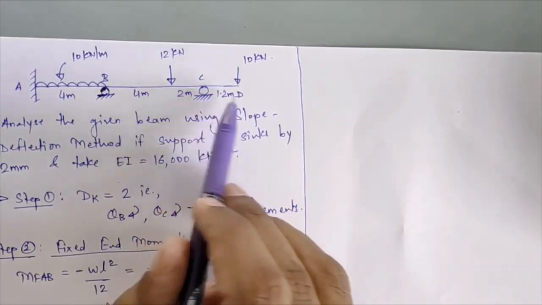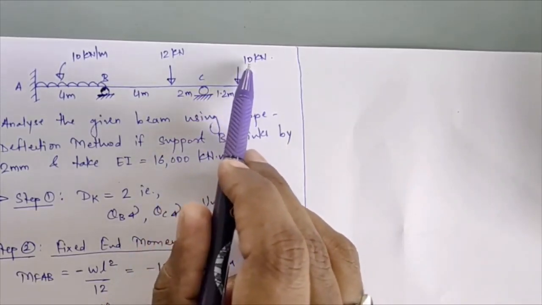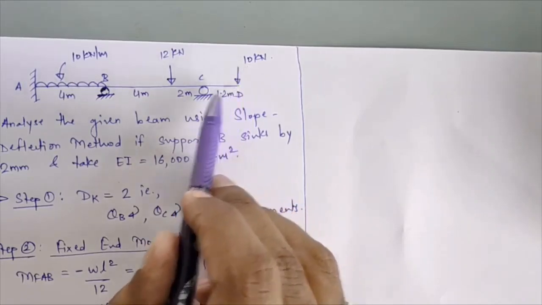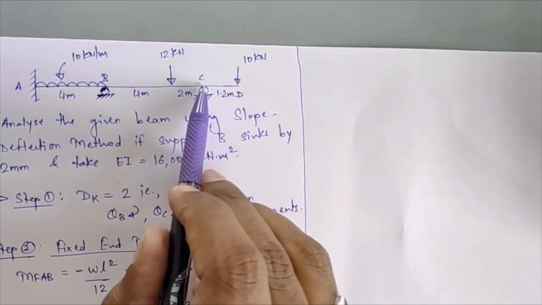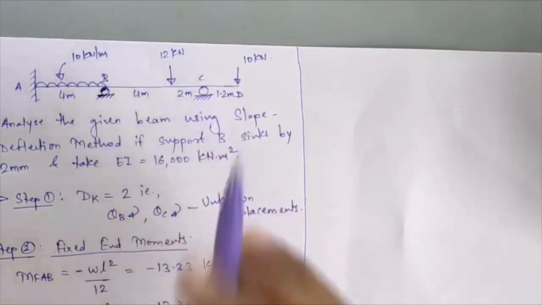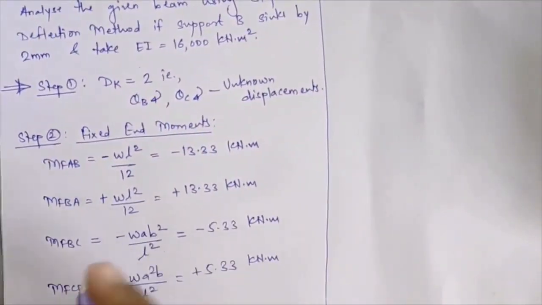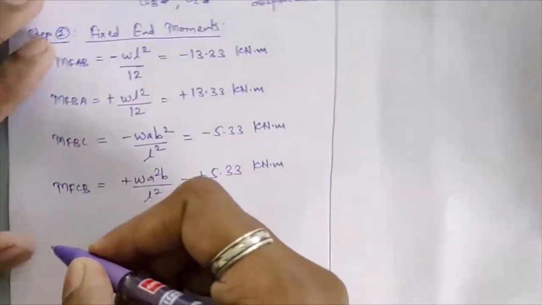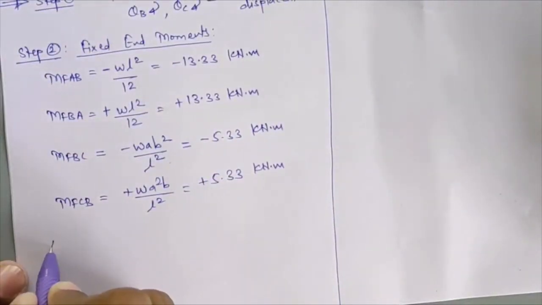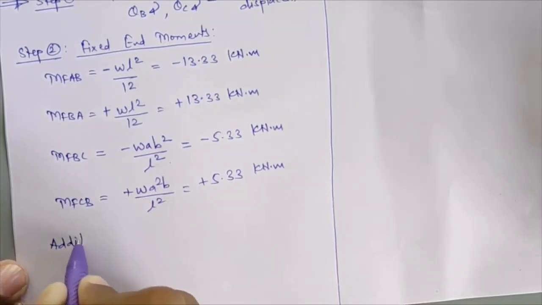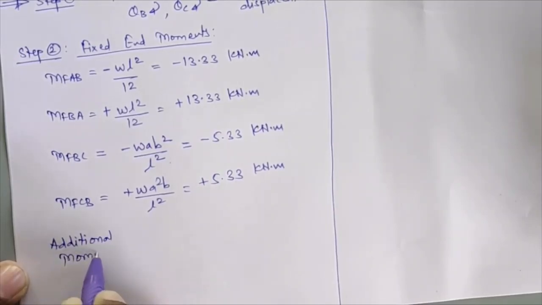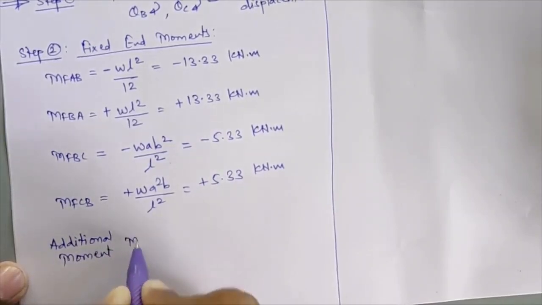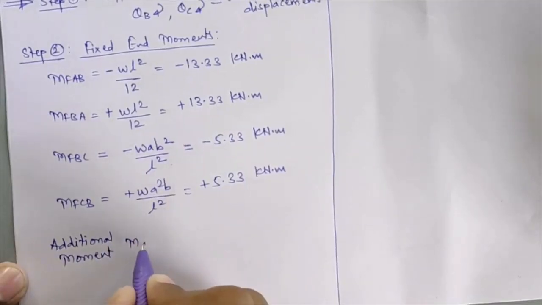Instead, in this portion CD, the 10 kilonewton load will introduce a moment at point C. That is, it will form a moment at point C, so we'll find out that moment. I will call it the additional moment, that will be for MCD.